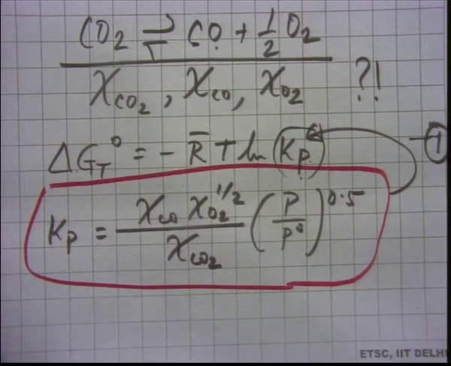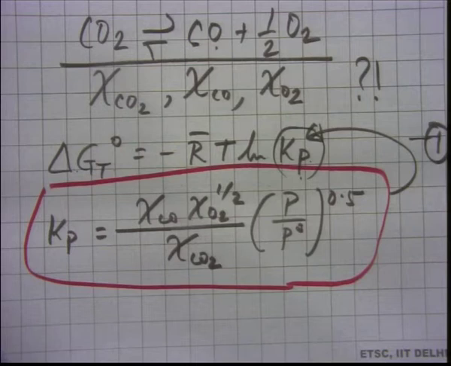Since delta GT naught can be calculated, we can get an expression for the mole fractions in terms of various things, and that is what we are using. So, once you do that, you do not have Kp explicitly. You actually have an equation for the mole fractions.